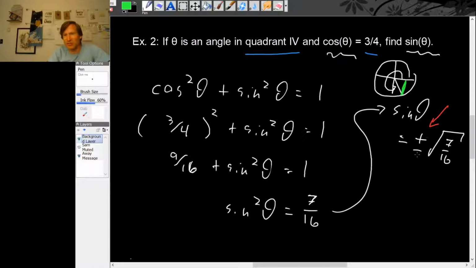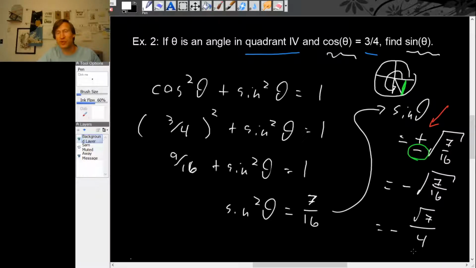So just based on the quadrant we're in, we know we should choose the negative value for sine here. So for this angle theta, sine of theta is the negative square root of 7 over 16. And we can simplify this square root a little bit. It's the square root of 7 over the square root of 16, which is 4.